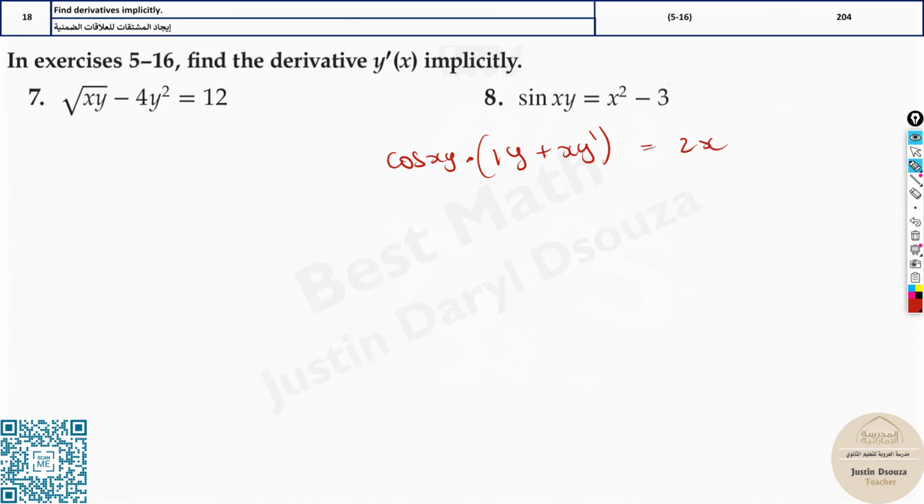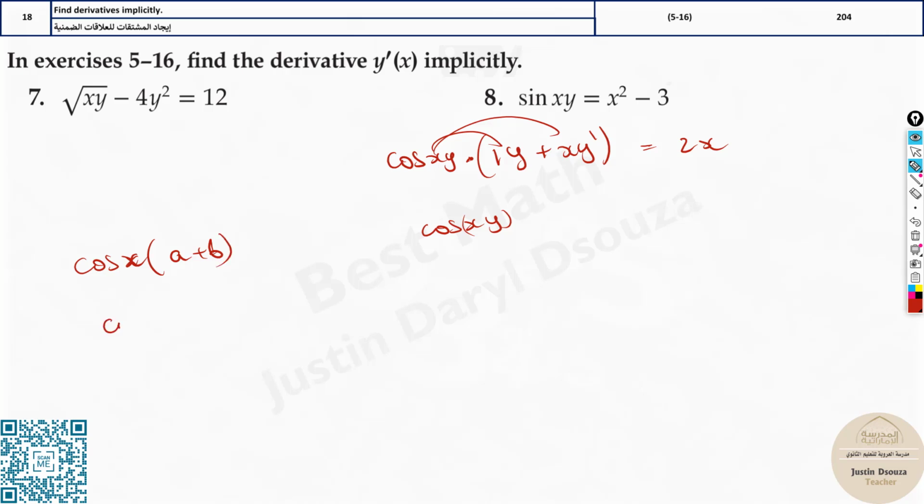Now here, since we have cosine, how would you go to simplify this? All you need is the same thing. You multiply this inside. This is y, right? It'll be cos xy times, this is a single term. Now, don't multiply this y inside here, because, let me just write over here. Imagine cos x multiplied by a plus b.